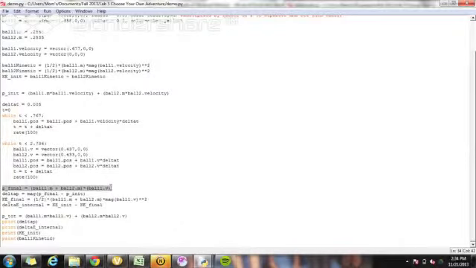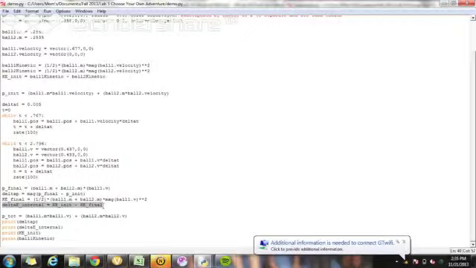Then to calculate the final momentum, I took both of the masses times the new velocities after the collision. And the change in momentum is just the final momentum minus the initial momentum. Also, I calculated the final kinetic energy by taking 1/2 of both the masses times the new velocity squared, and then the change in internal energy is just the initial kinetic energy minus the final.